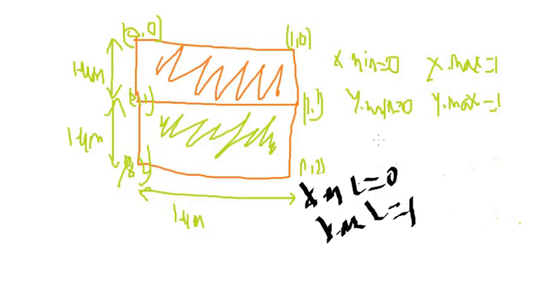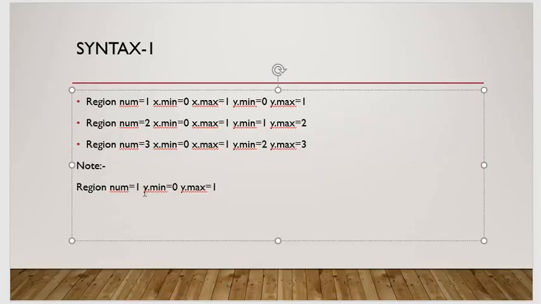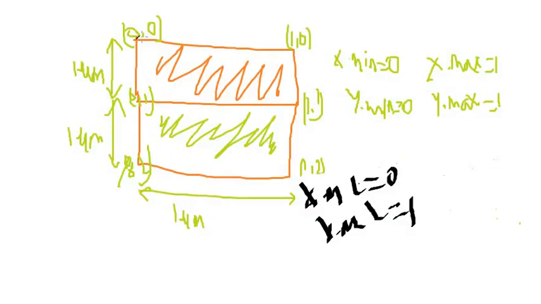So what happens is if you are not defining that here, as you see there is no x dot min and x dot max here, that means it is assuming it from the meshing only. So you don't need to define x dot min and x dot max here if you define this way. If you are using the full meshing location, then you don't need to define the x dot min and x dot max.